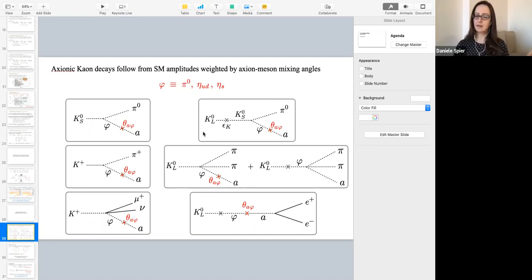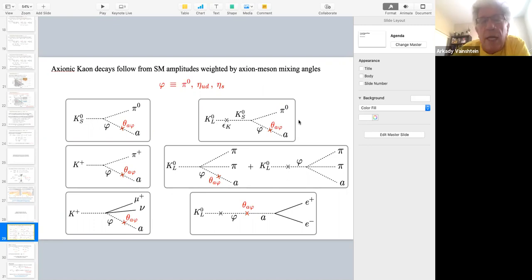No, I just wonder if it would become more visible in terms of experimental detection than the emission of axion from the KL KS transition. Yeah, I have to say I got confused about your question. I'm not really sure. Are you saying that there's a contribution to K long decaying to pi axion that is not what I am showing in this diagram?